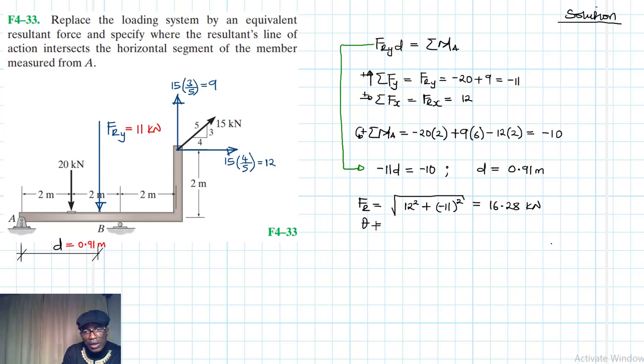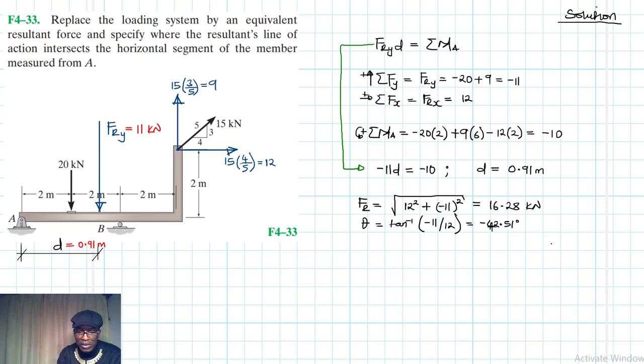We need to find the angle also, so tan inverse of the y component, negative 11, divided by the x component, 12. Once we do the calculation, we have negative 42.51 degrees.